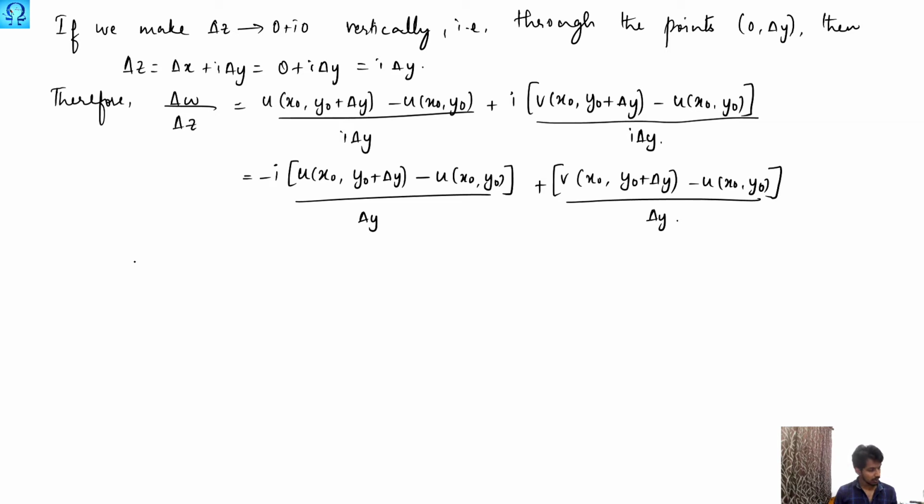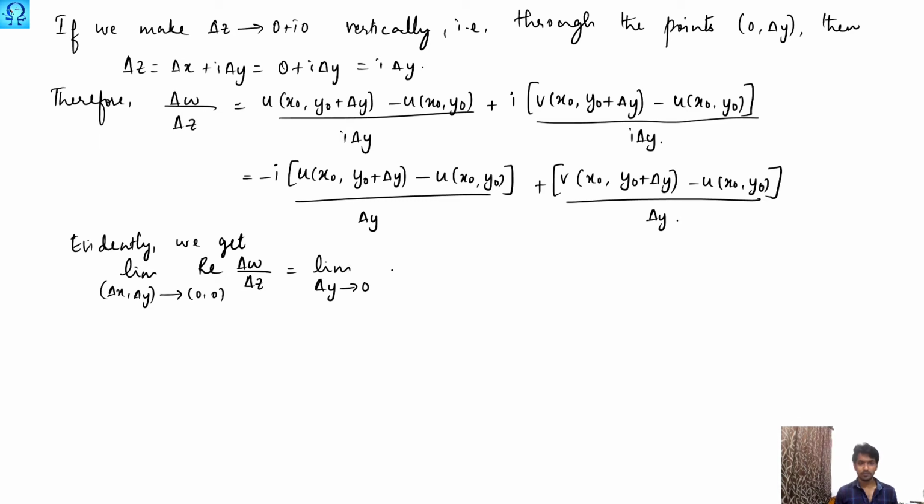Now let us see. So evidently we get the limit as delta x, delta y approaches 0, 0 of the real part of delta w upon delta z as the limit as delta y approaches 0. This part is the real part.